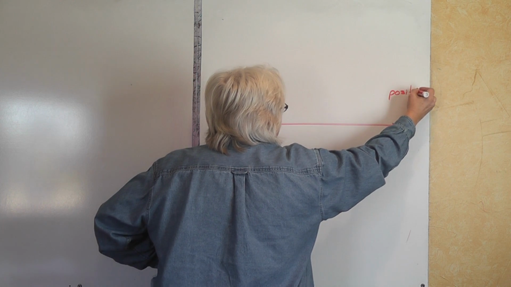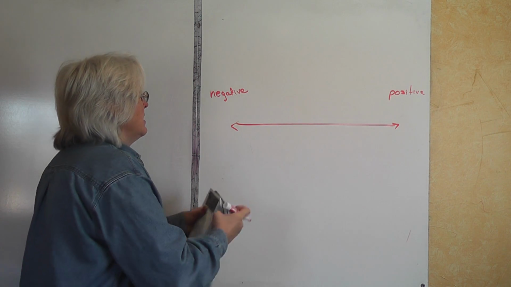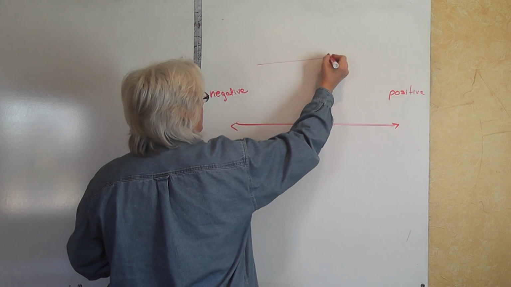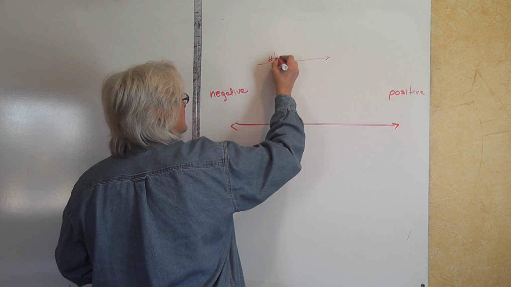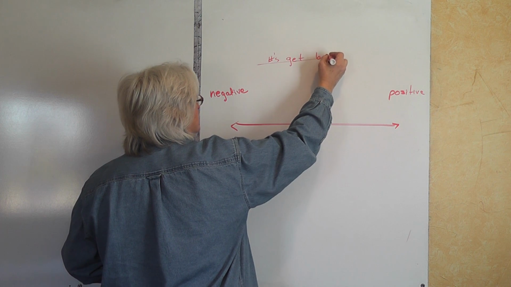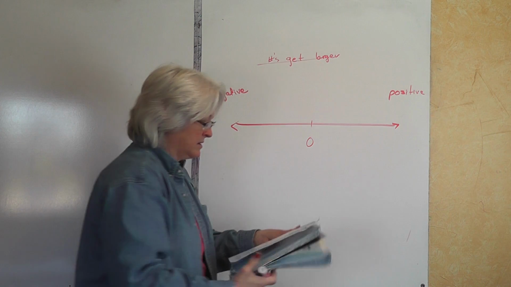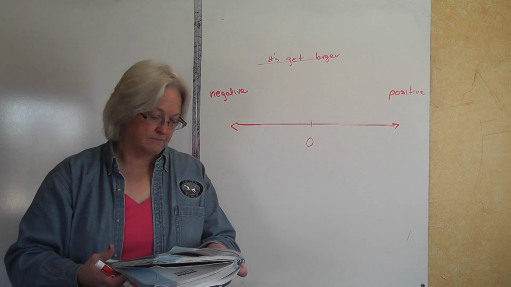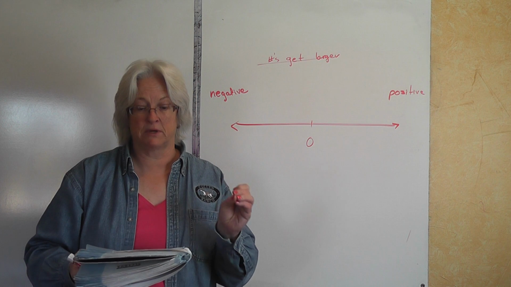They are positive towards the right of the number line, and the numbers get larger as you move to the right-hand side of the number line. So I have 0 and here. So let's go ahead and graph some examples here.